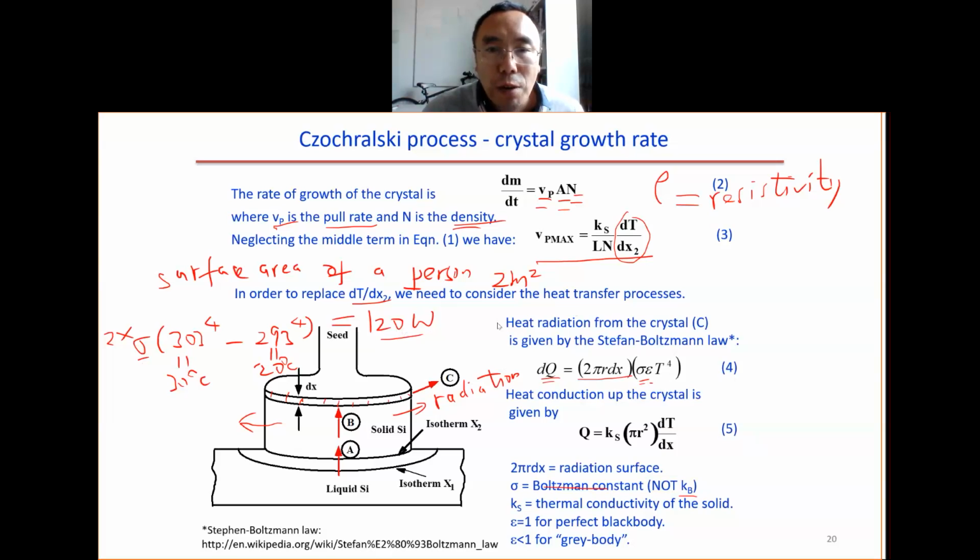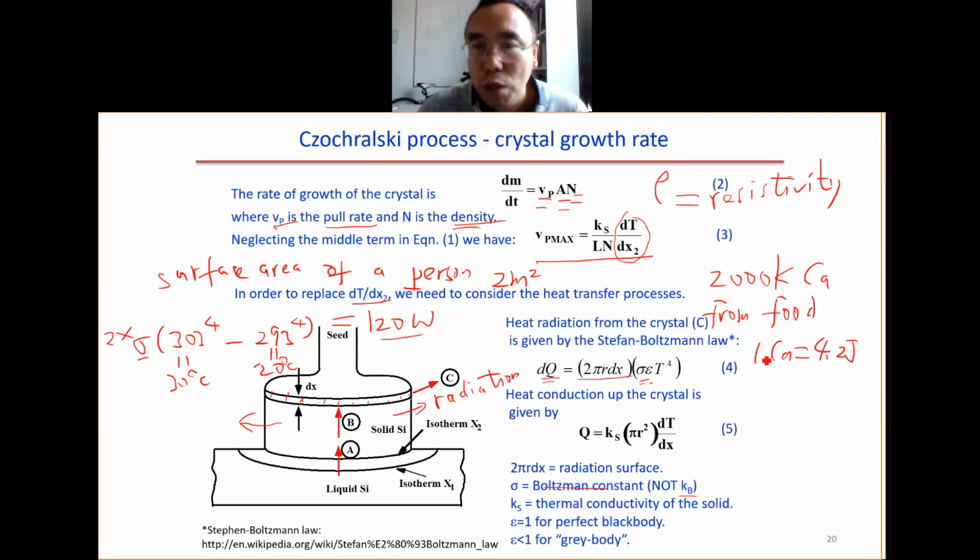We know that in one day a typical person needs 2,000 kilocalories of food. We need this amount of energy from food, right? 1 calorie equals 4.2 joules. This gives you about 10 to the power 7 joules per day.